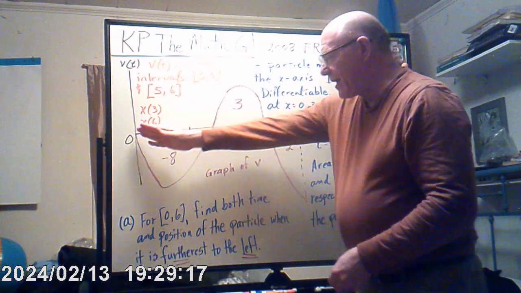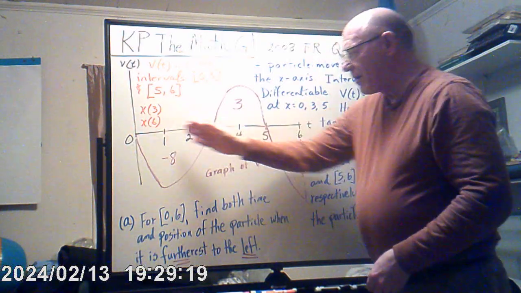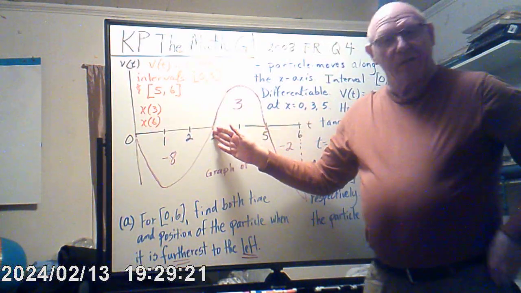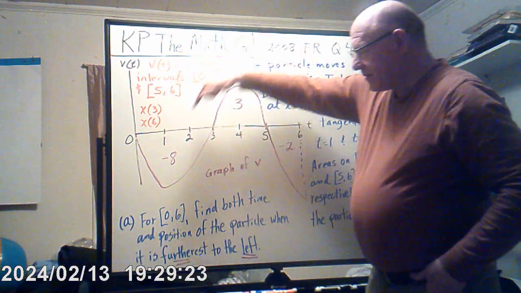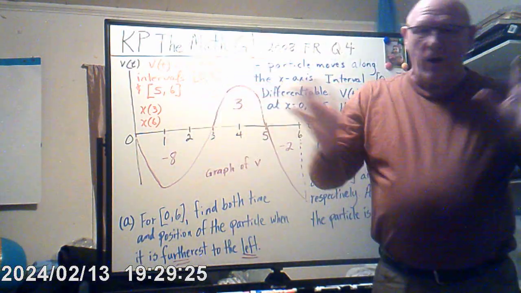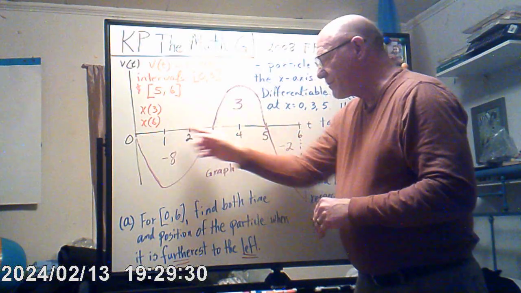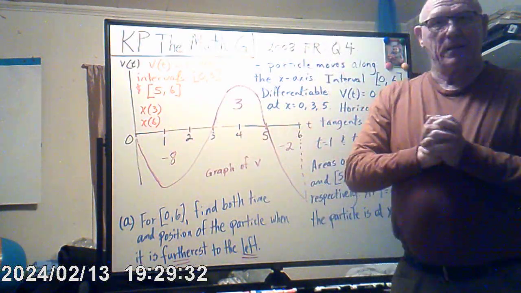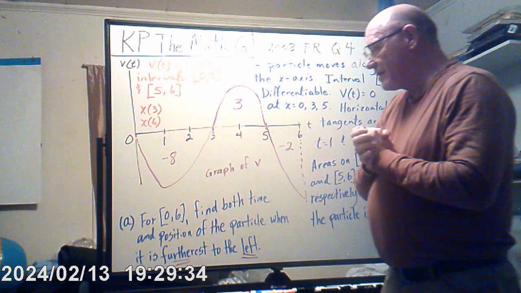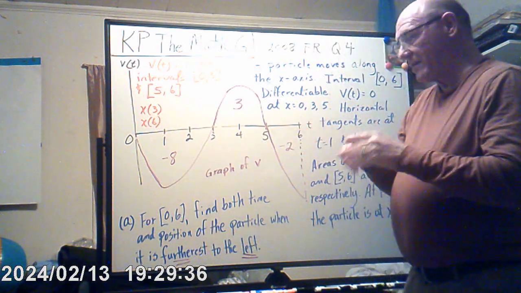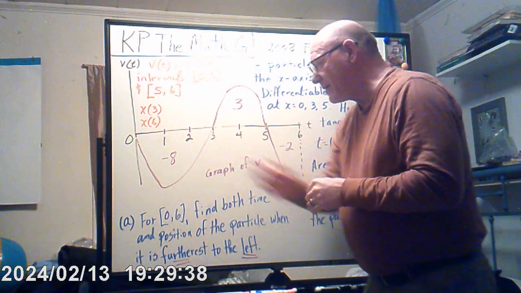Negative 2 plus negative 8 is negative 10. So yes, somewhere between t equals 0 and t equals 3, x is equal to negative 8. I don't know exactly where, but somewhere on that interval, x is equal to negative 8.